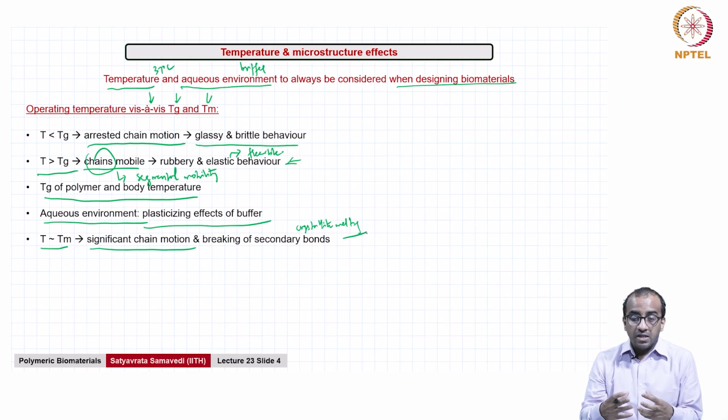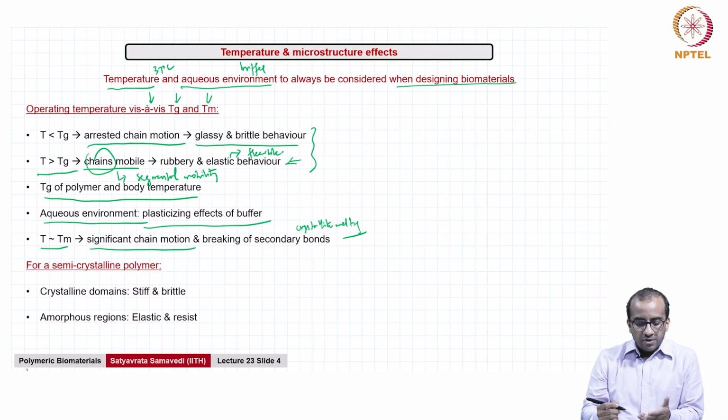So, largely it is the Tg that will really matter, and mostly you will be focusing on this aspect: whether the chains are rigid and the polymer is behaving like a glass, showing brittle behavior, or the segments are showing mobility, resulting in rubbery and flexible behavior.